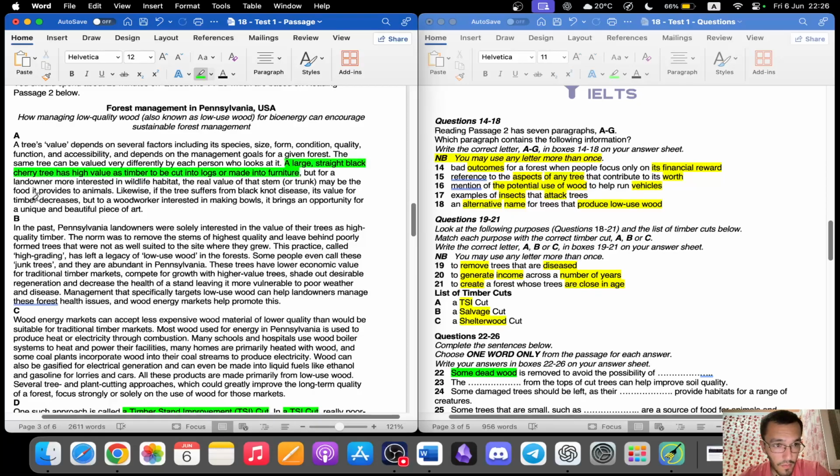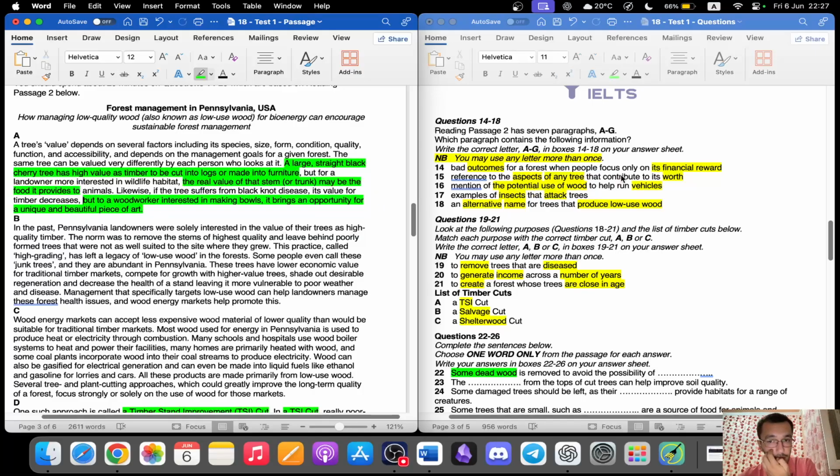Okay, but for a landowner more interested in wildlife habitat, the real value of that stem or trunk may be the food it provides to the animals. Likewise, if the tree suffers from black knot disease, its value for timber decreases, but to a woodworker interested in making bowls, it brings an opportunity for a unique and beautiful piece of art. There we go.